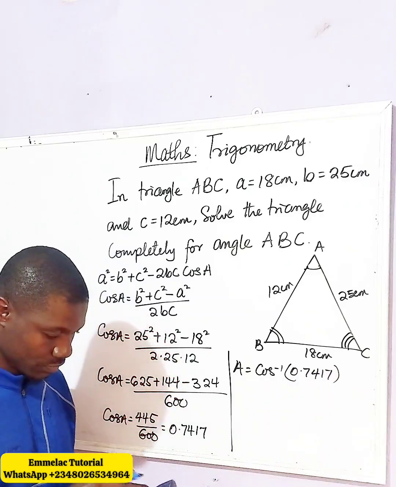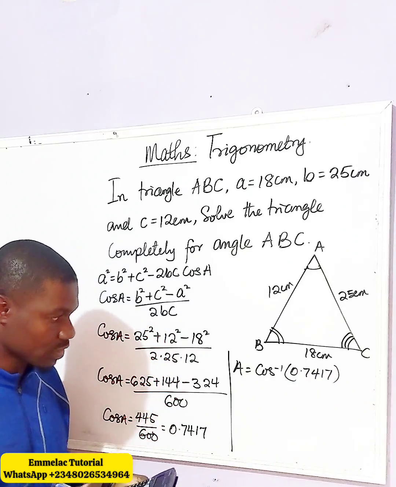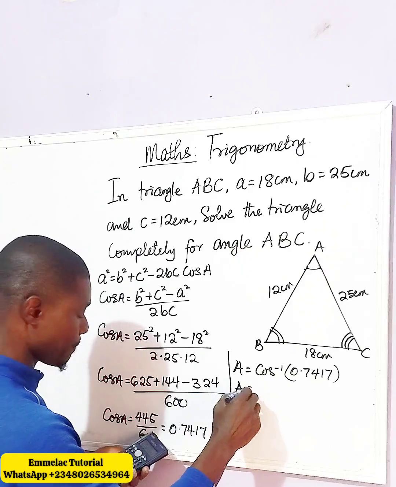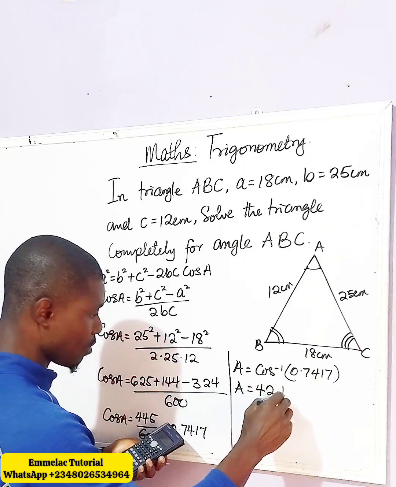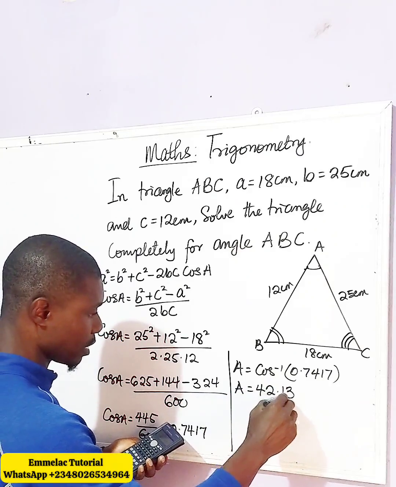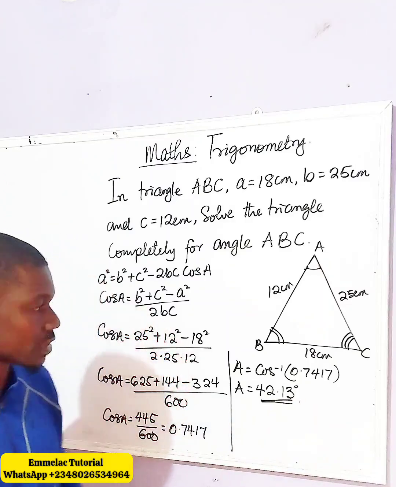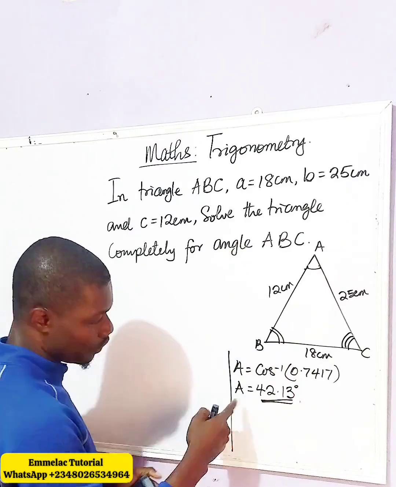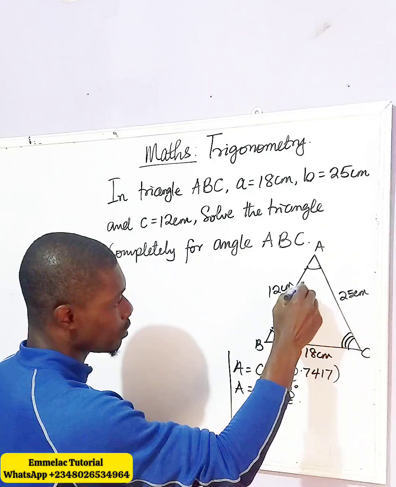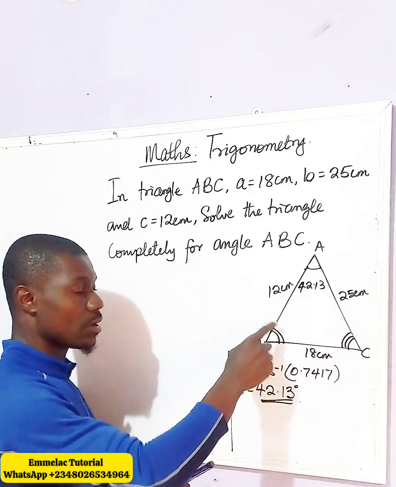The cosine inverse will give us A to be 42.13 degrees. Okay, now we've gotten that. The next thing we need to look out for is b. Now let us look for b.